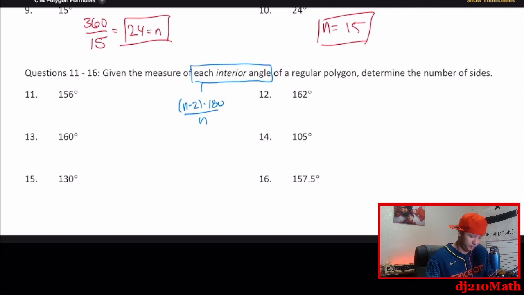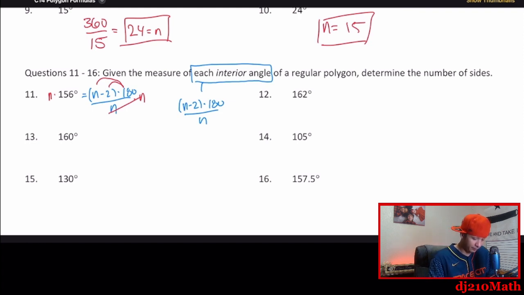However, if I were to set this equal to n minus 2 times 180 over n, what has to happen? Well, the eyesore is that it's a fraction. So you need to clear the fraction first. Algebraically, you're going to multiply both sides by n. The n's are going to cancel on the right. You have to distribute and get 180n minus 360, because 2 times 180 is 360.